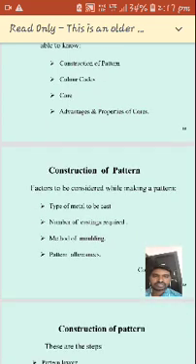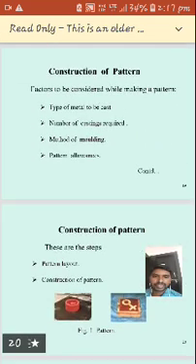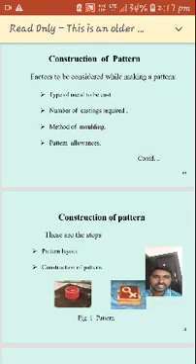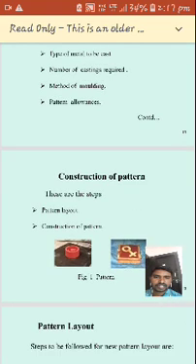Construction of pattern: how the pattern is constructed. The factors to be considered while making the pattern are the type of metal to be cast, the number of castings required, methods of molding, and pattern allowances. These are the steps: pattern layout and construction of pattern.